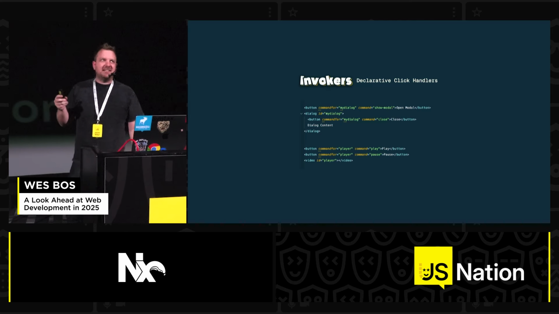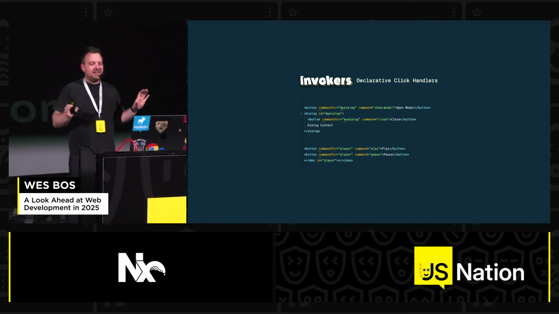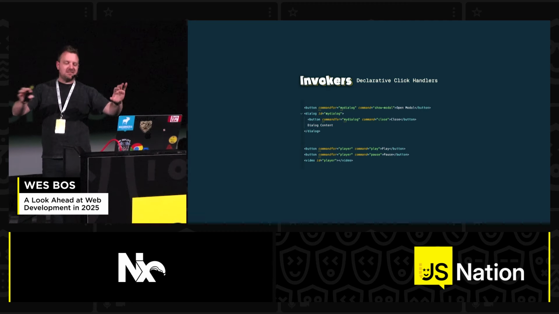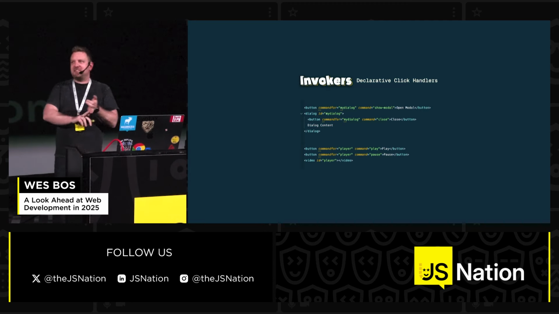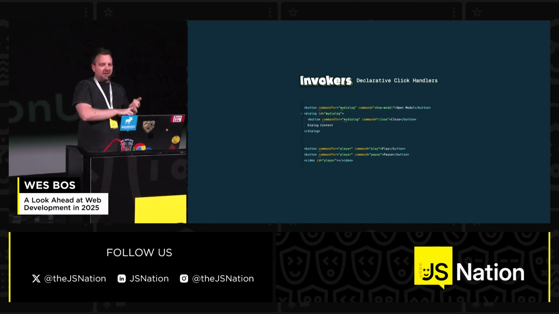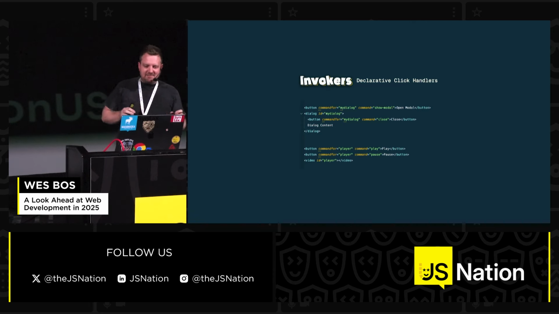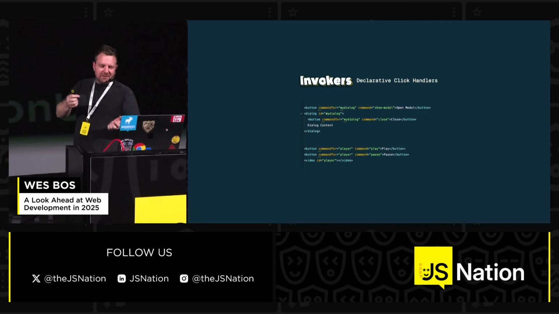Next one we have here is called Invokers. This is sort of like declarative click handlers, meaning that we have these really cool APIs in the browser like popover and dialog, and if you want to open and close them, there are some commands for doing that.